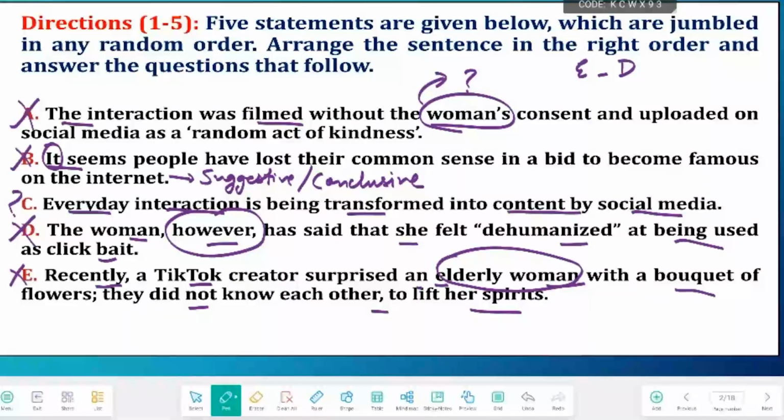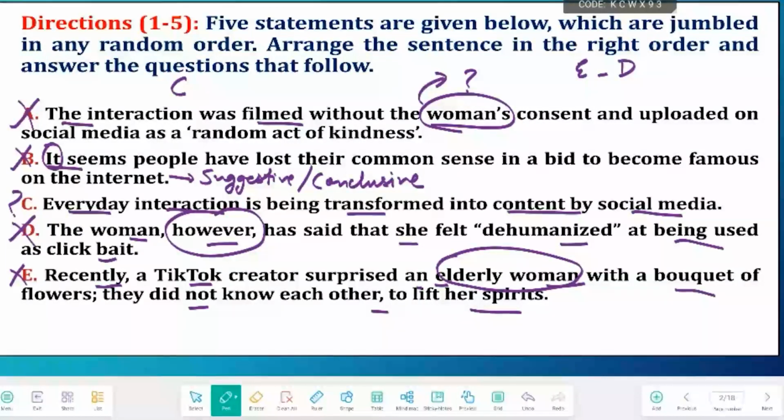So what are we left with? We have eliminated all the statements except statement C. So your first statement will be C for Chennai. Everyday interaction is being transformed into content by social media. Okay.